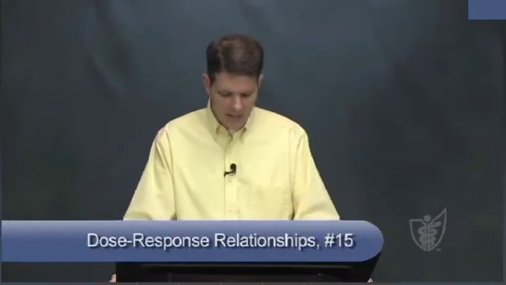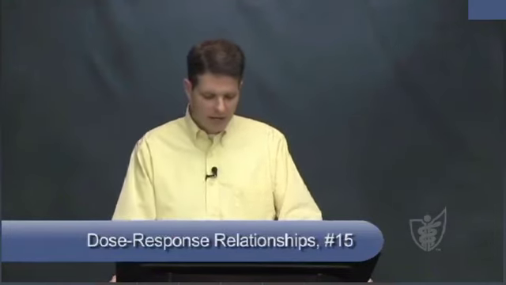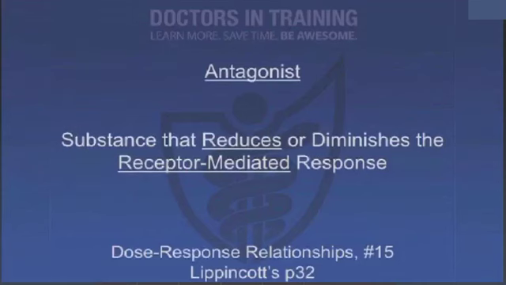And then we'll talk about antagonists. An antagonist is any substance that reduces or diminishes the receptor-mediated response. So again, for drugs, we're usually talking about a drug that is going to reduce the action of another drug or reduce the action of an endogenous ligand. It's going to oppose the action of that ligand, and it's going to prevent it from binding to the receptor. Usually antagonists have a pretty high affinity for their receptors. So we talk about competitive antagonists and non-competitive antagonists.